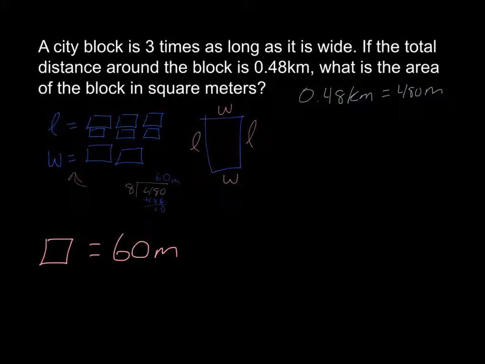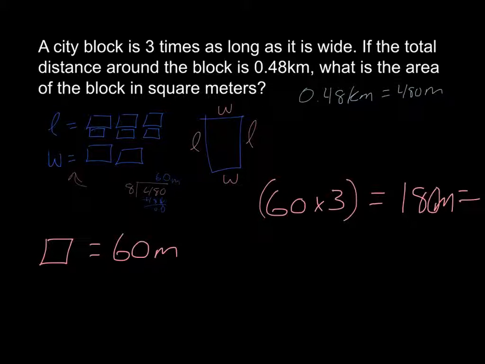Okay, my length is 3 cubes, so I'm going to do 60 times 3 for my length, which is 180 meters. Oops, 180 meters, and that's my length. And 60 times 1, which is equal to 60 meters, for my width.